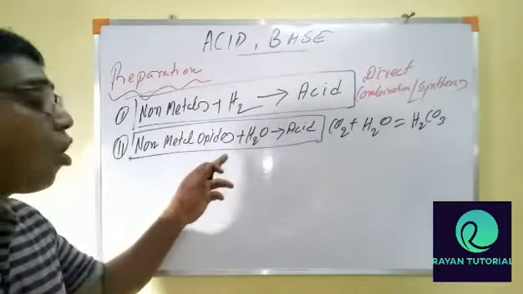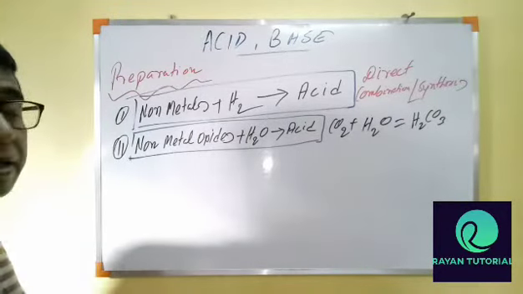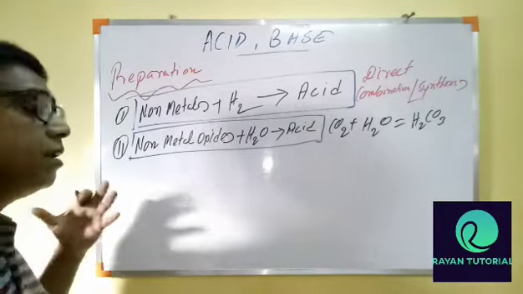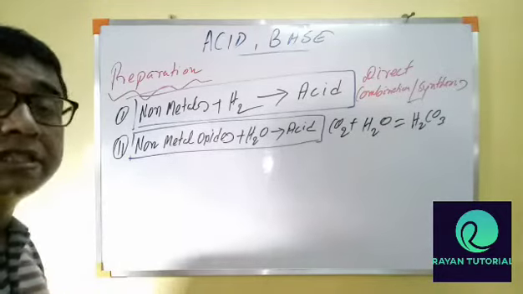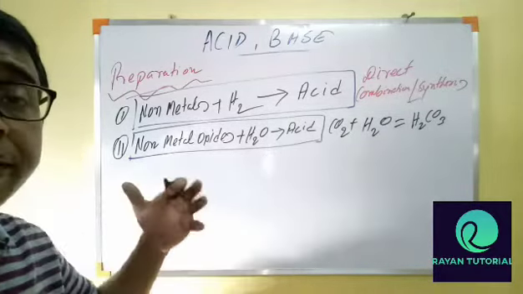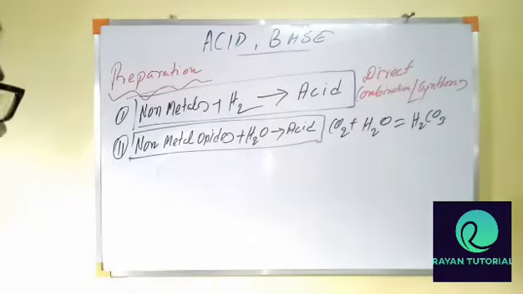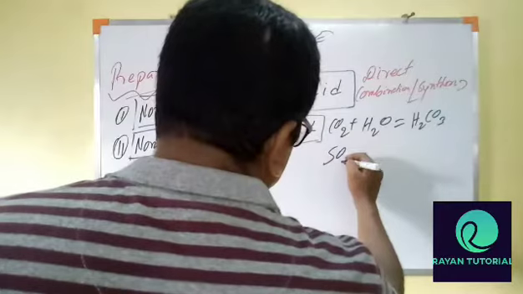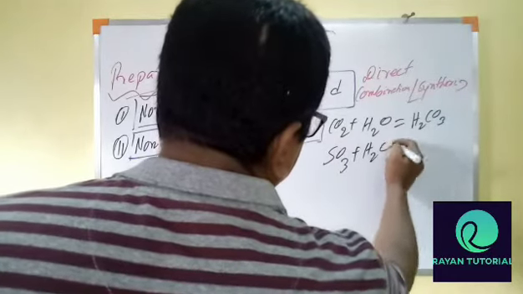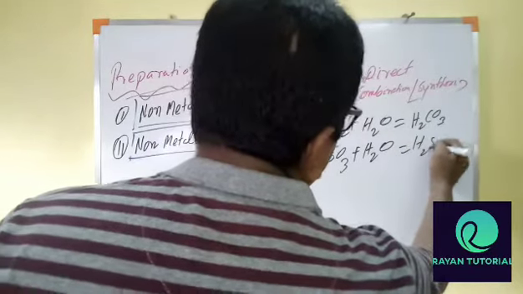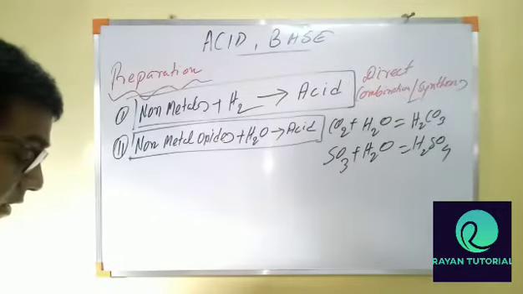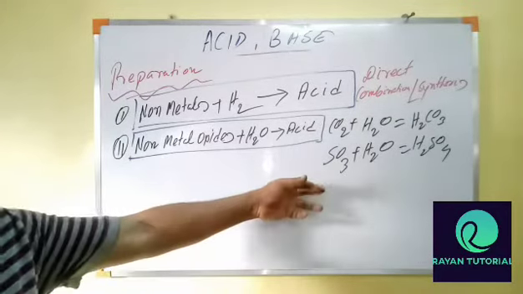Now what is a non-metal oxide? Non-metallic oxide means non-metal mixed with oxygen. Like carbon is a non-metal mixed with oxygen becomes carbon dioxide. So carbon dioxide is a non-metallic oxide. Similarly, sulfuric acid, clear?